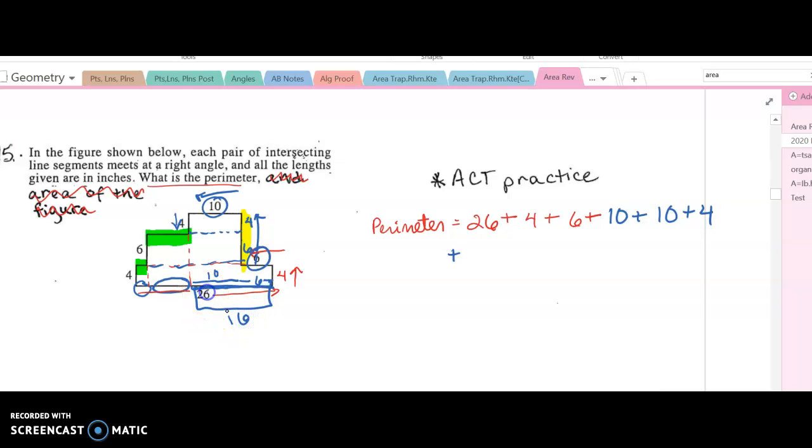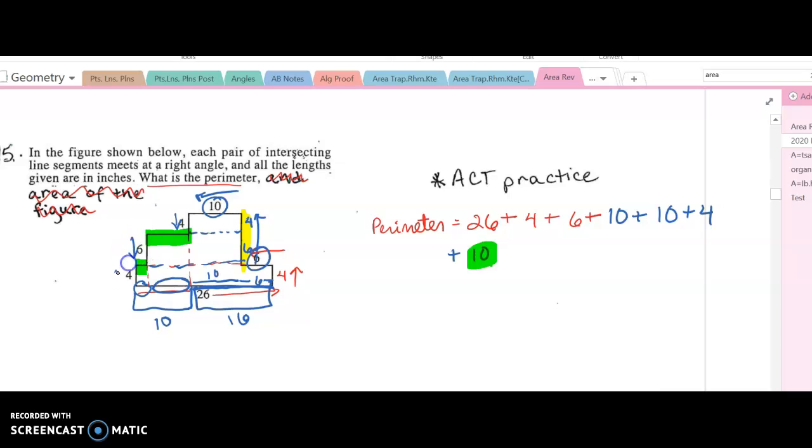If I do 26 minus 16, the remainder down here has to be 10. It doesn't technically matter if this is 2 and 8 or 3 and 7 or whatever, because we're adding them all together and order doesn't matter. So I'm just going to call both those green ones together 10.